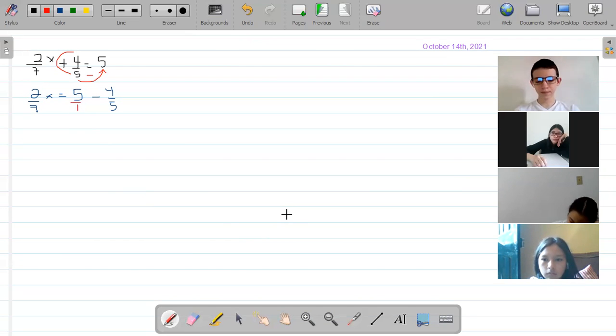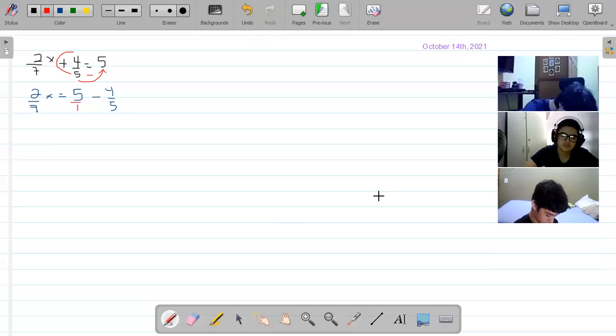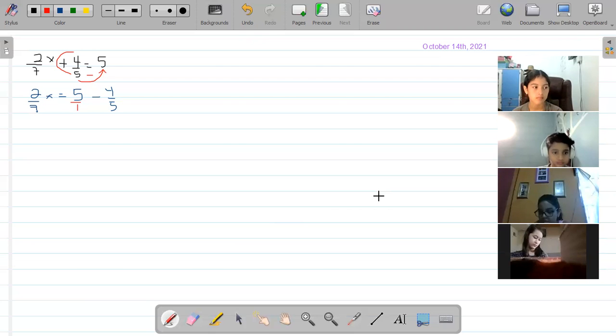Now remember, we have two options of how to subtract this fraction. It's either with the happy face method or with the LCD. This one, I'm just going to do it with the happy face method. Why? Because between 1 and 5, the LCD will be 5. So I'm going to just go ahead and do the happy face method for this exercise.